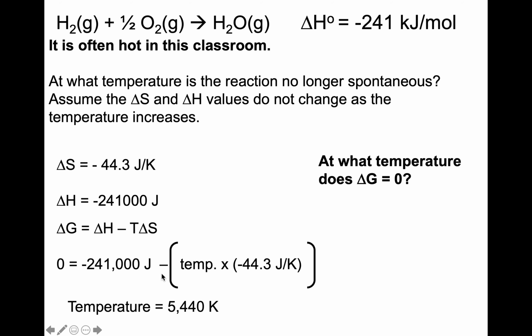So this is now a really cool idea, because this sure seems like a reaction, I mean, it's an explosion, that would always be spontaneous. But you can have a high enough temperature, and 5,000 degrees is not crazy. The temperature of the sun is going to be 5,000 degrees Kelvin. You can have a temperature, now maybe that is crazy, but you can have a high enough temperature where this is no longer spontaneous.